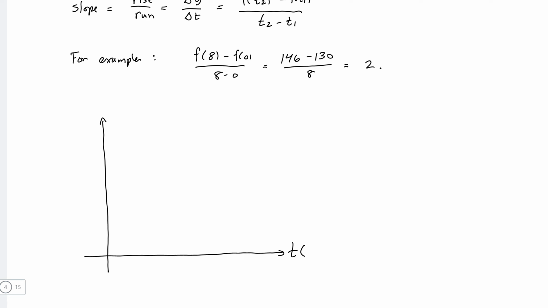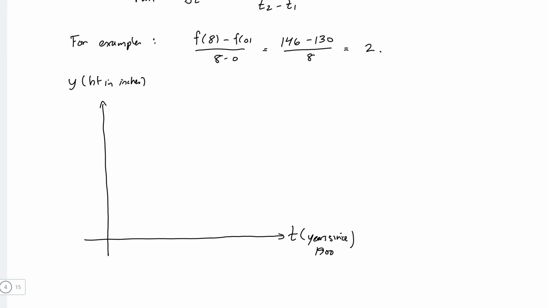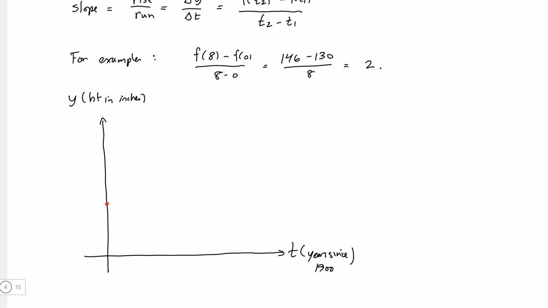Well, if I have t measured here in years since 1900, and the y here is measured in height in inches, then what our picture here will tell us is we see the y-intercept here is up here at 130. And then as we go across, it should be a line here, so something like this.